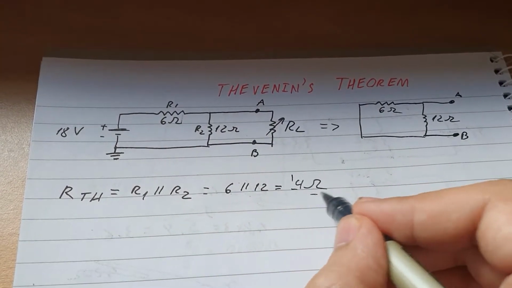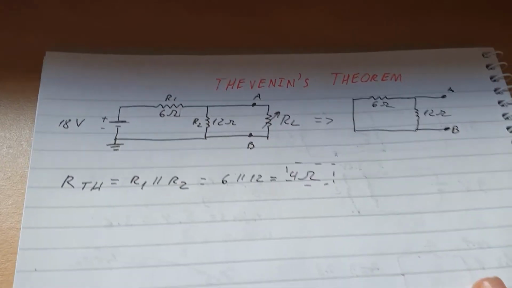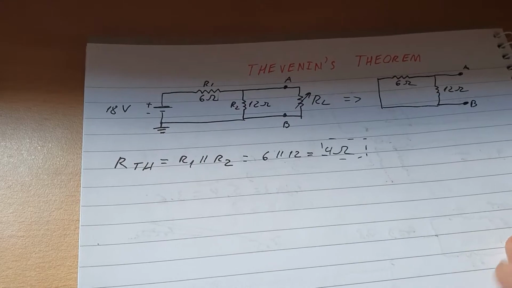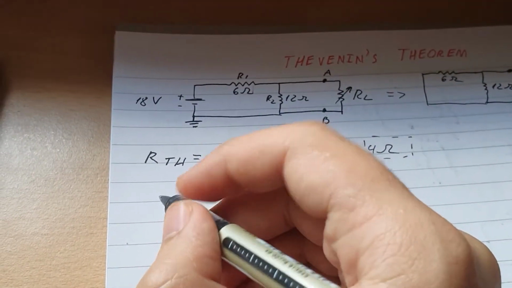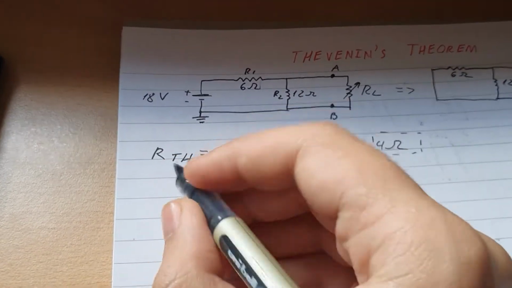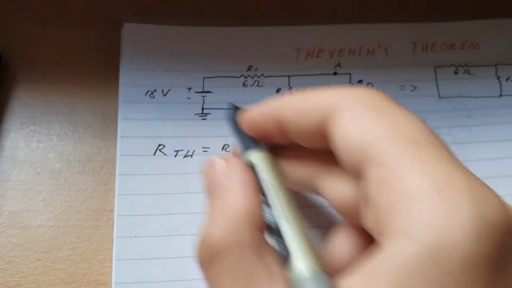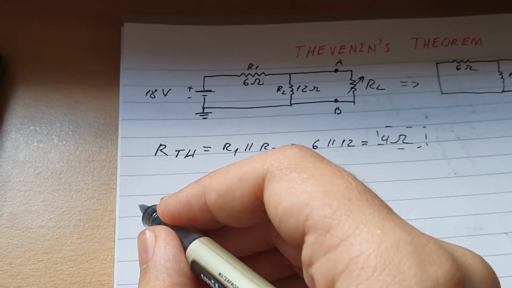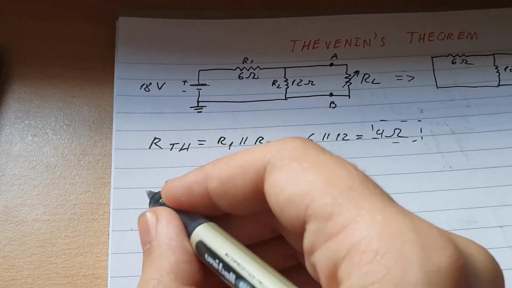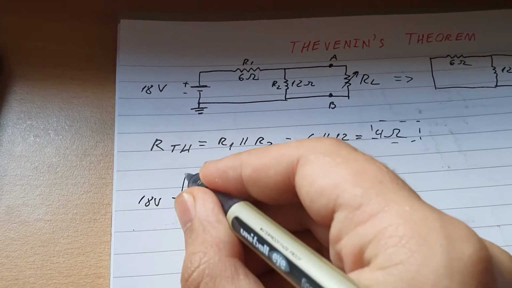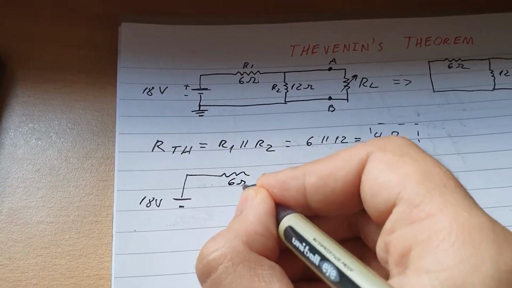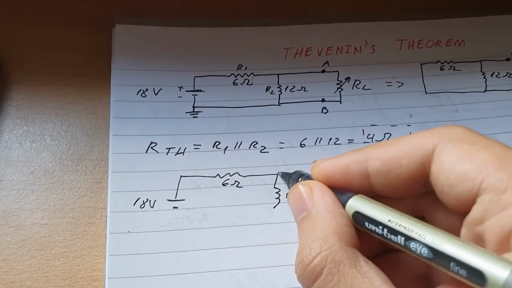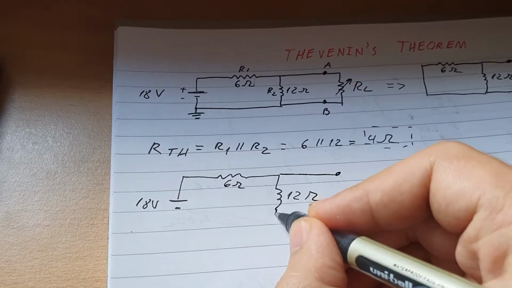You're going to need to remember this value for later. Now we need to calculate VTH. Let's do the diagram, because why not? Here 18 volts goes up, through the 6 ohms, and then down to the 12 ohms, and here are the openings.